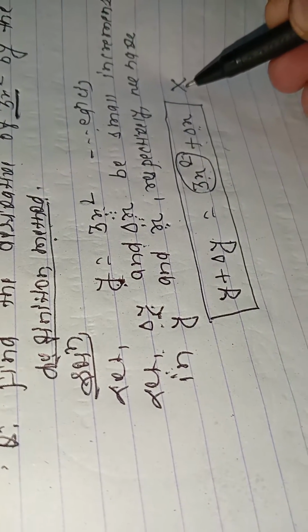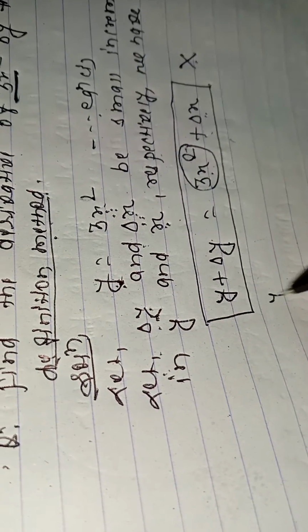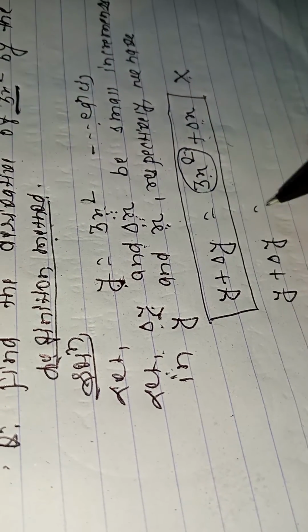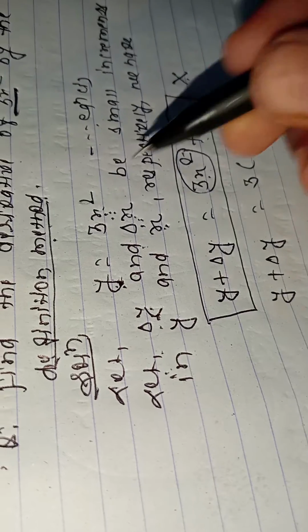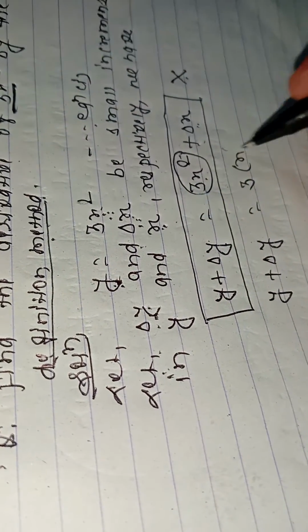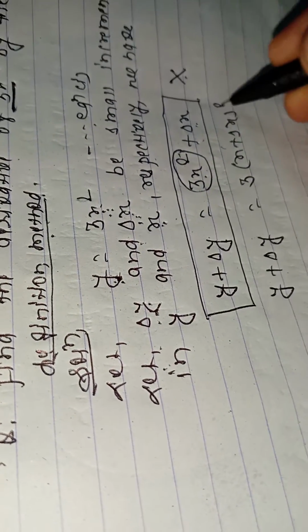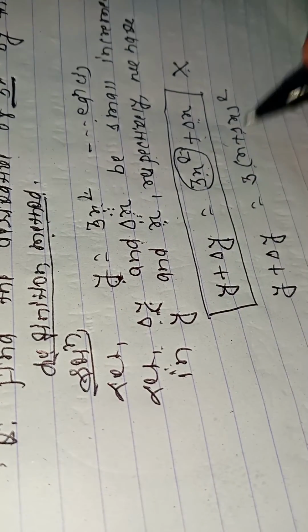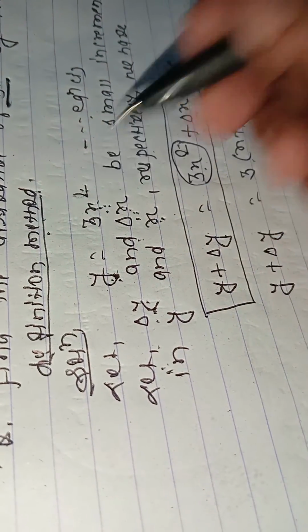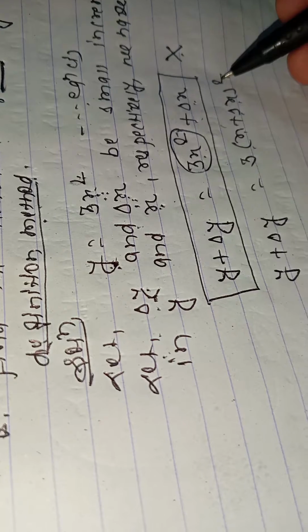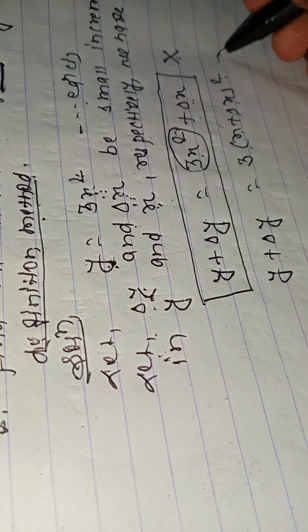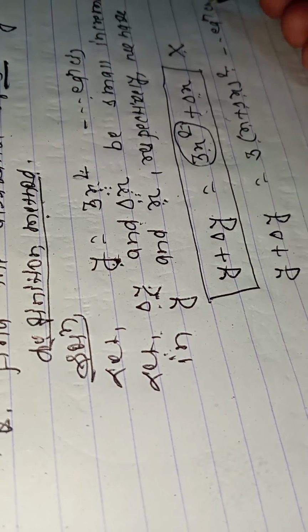So concentrate on this step, and write y plus delta y equals 3 times x plus delta x, whole square. Likewise x cube becomes x plus delta x cube, and x to the 4 becomes x plus delta x to the 4. In this way you should write it. Now suppose equation 2.